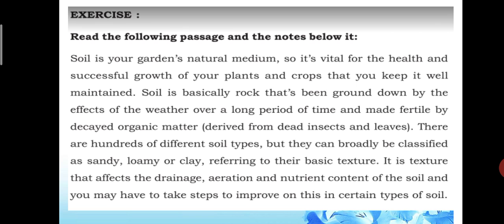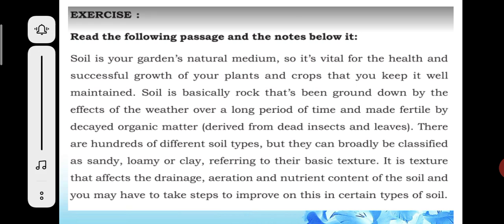There are hundreds of different soil types, but they can broadly be classified as sandy, loamy or clay, referring to their basic texture. It is texture that affects the drainage, aeration and nutrient content of the soil, and you may have to take steps to improve on this in certain types of soil.